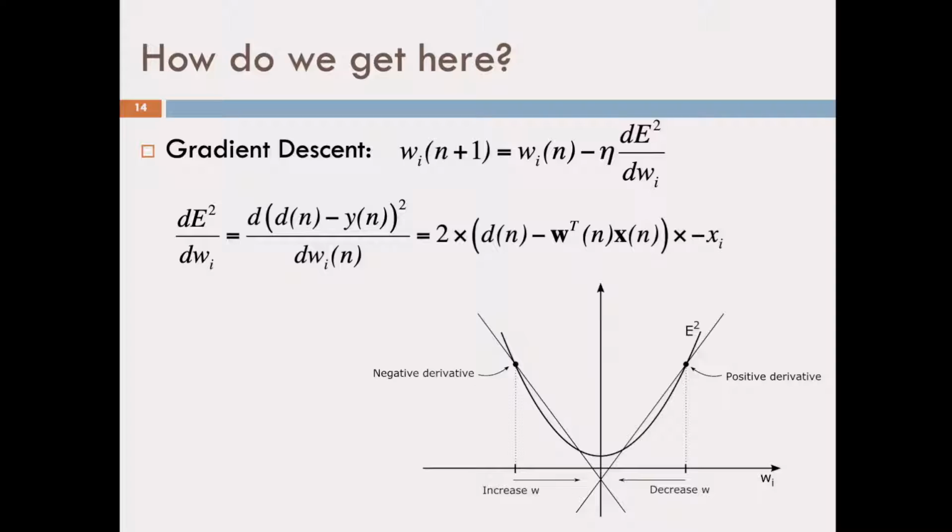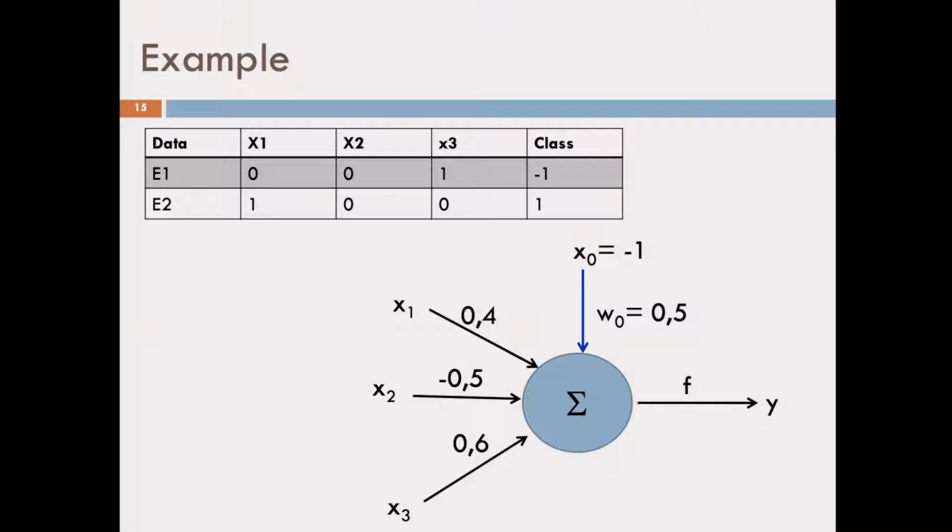Good. So let's make an example to see how easy it is to use the perceptron. Consider we have these two examples. We have 3 features for each example, and we have the desired classes. And this is our initial perceptron. These weights are all set randomly. Usually, we have a search space of weights.